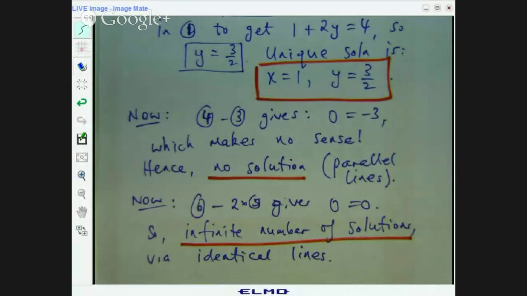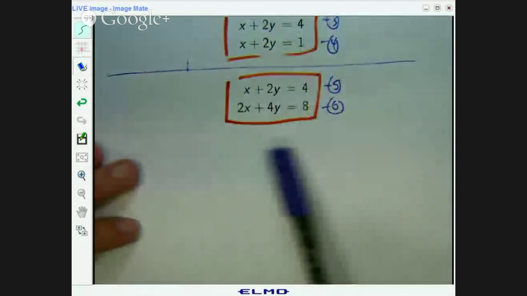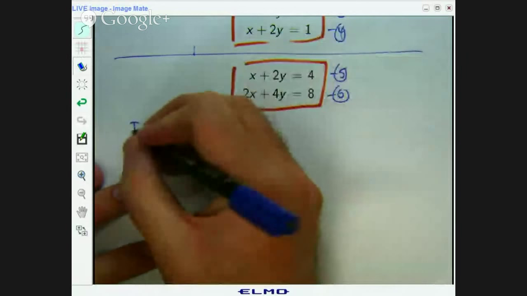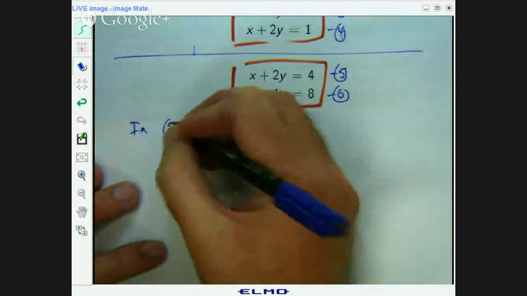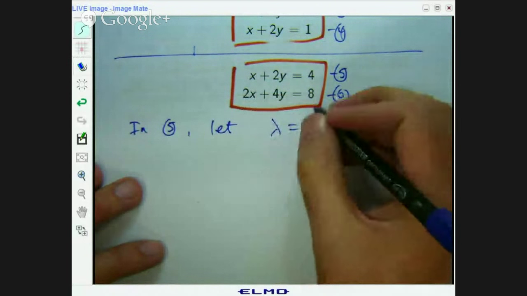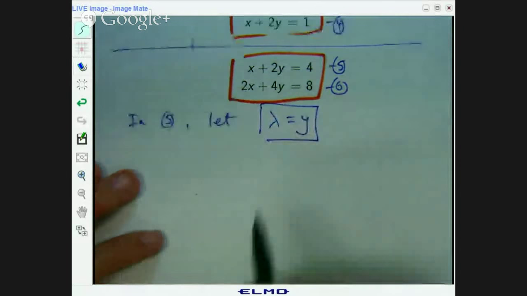Probably a good question would be: what's the solution to the last one then? It's got an infinite number of solutions, but what are they? Let's just worry about this last one now. What you can do is take the fifth equation and introduce what's called a parameter, lambda.